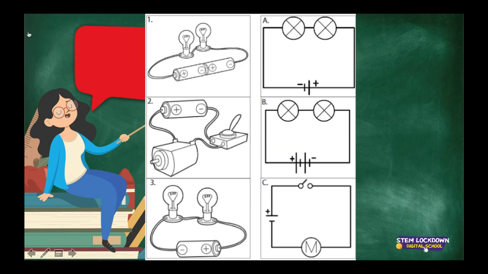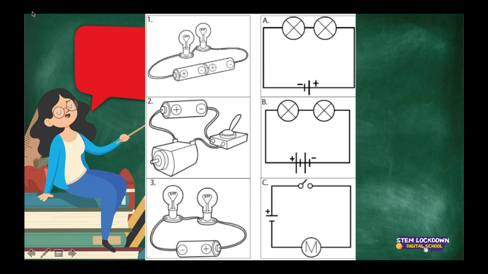While I wait for your answers, let's look at number 2. Number 2 has a battery with positive and negative on the left and right. It has a motor and it has a switch. Which scientific drawing does it match to?